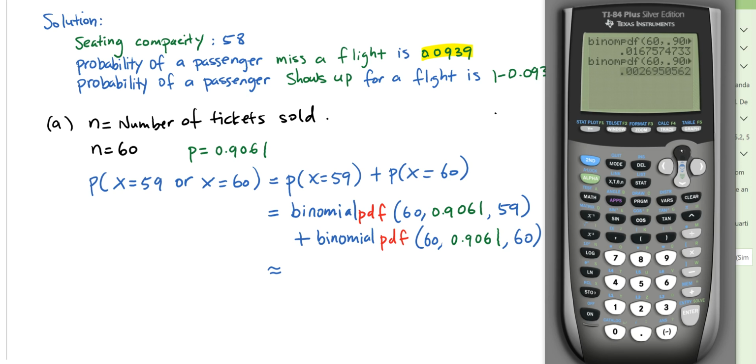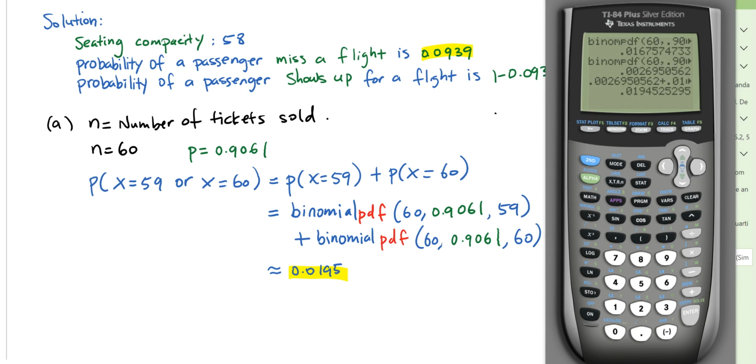I'm going to highlight this one, enter, plus the answer from the previous one, which is this one. That is approximately 0.01945. So, added together, approximately 0.0195 to 4 decimal places. So the probability that 59 or 60 passengers are going to show up is approximately 1.9%, which is pretty low.